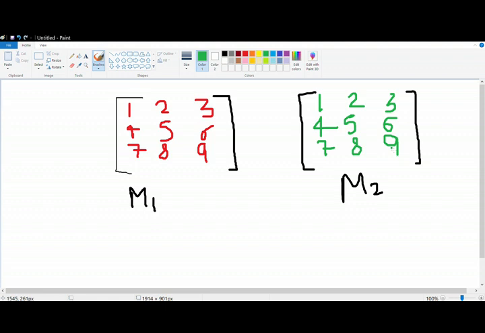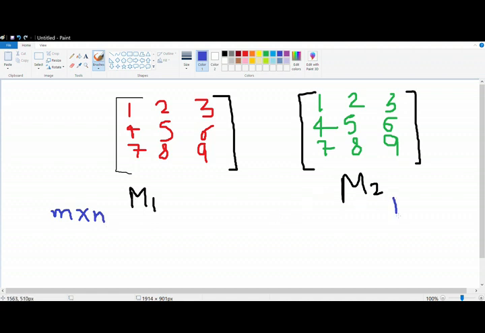Okay, so before adding two matrices, we should know some details about these two matrices. So I will tell you what order is. The order of any matrix is m into n.